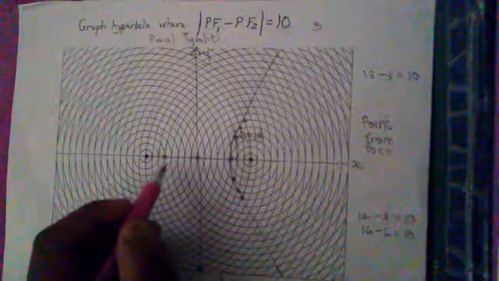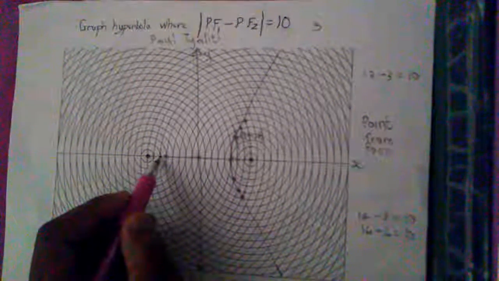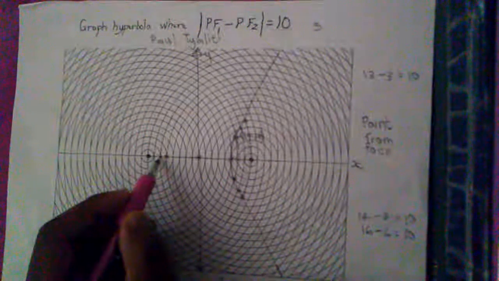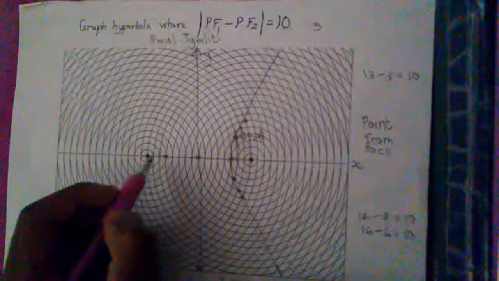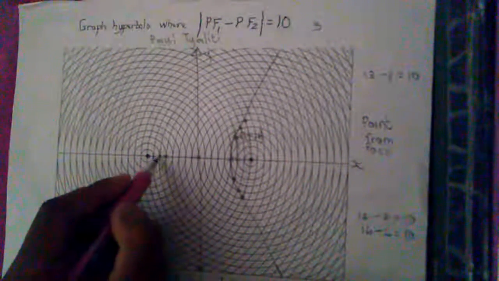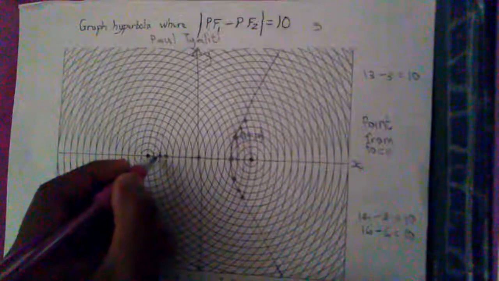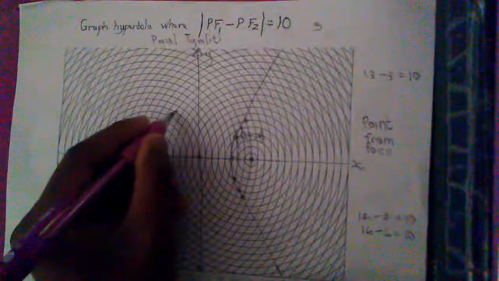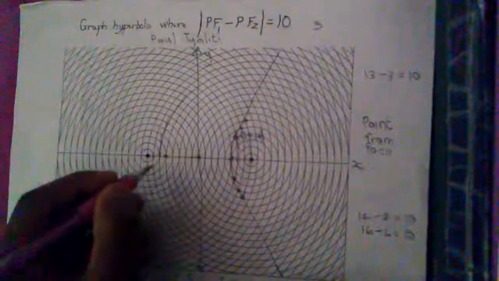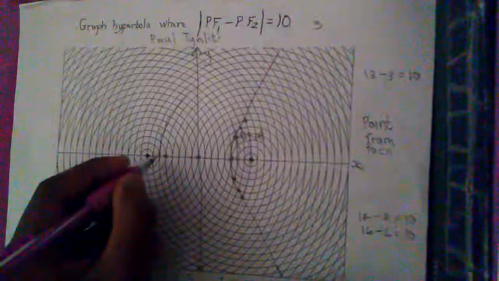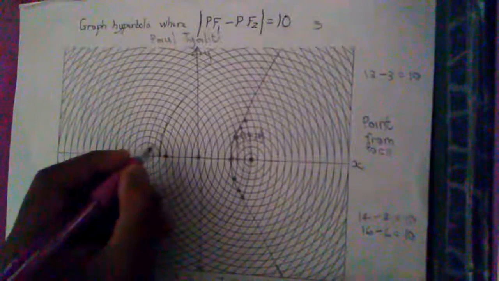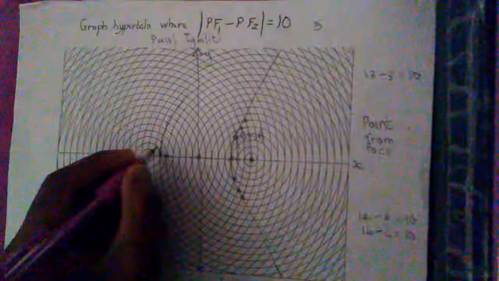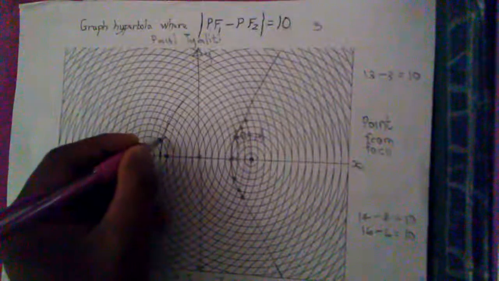So this coordinate right here is going to be 14 points away from foci 2 and 4 points away from foci 1. So we extrapolate an arc of reference from here, and then from there we count 1, 2, 3, 4.